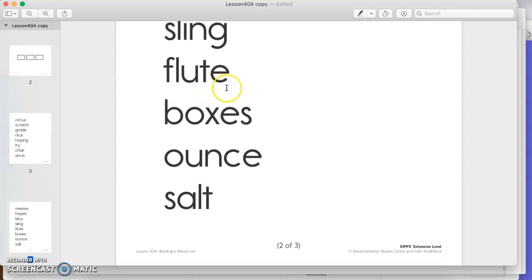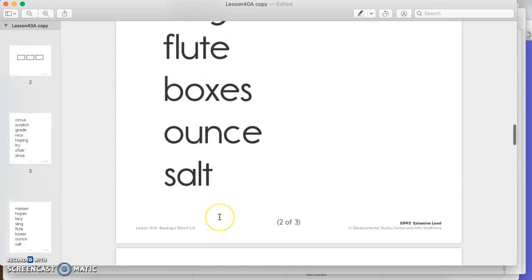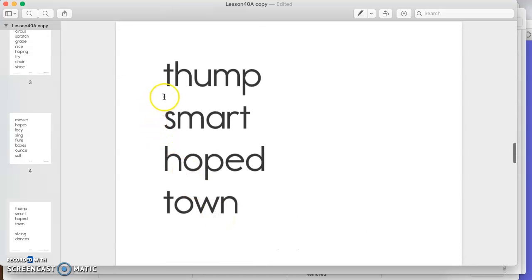Read. Flute. Look. Read. Boxes. Look. Read. Ounce. Look. Read. Salt. Excellent job. Look. Read. Thump. Look.